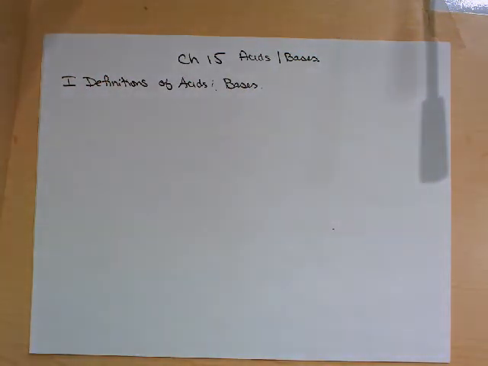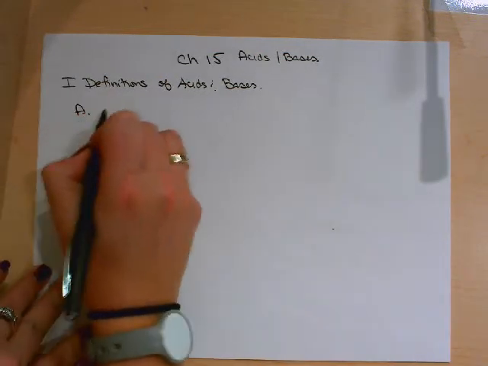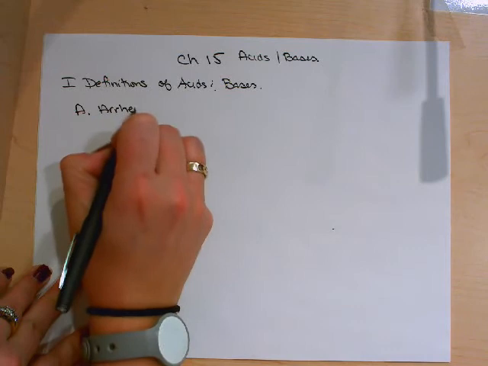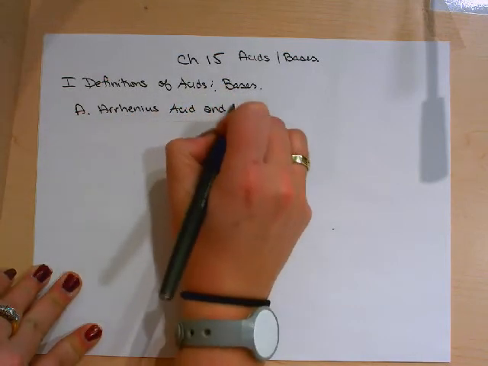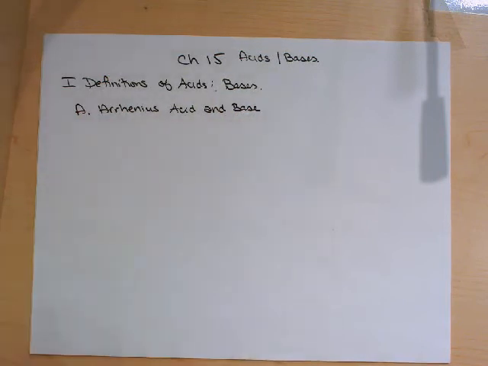Alright, there's two main ways to define what an acid and a base is. First one's called the Arrhenius acid-base definition. This is probably the one you use most often. So if I said it was an acid, you would say it releases what?